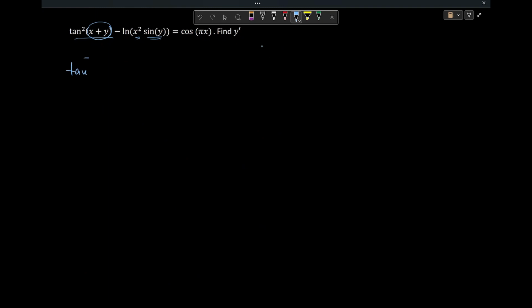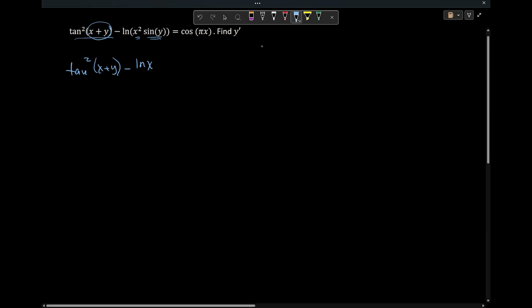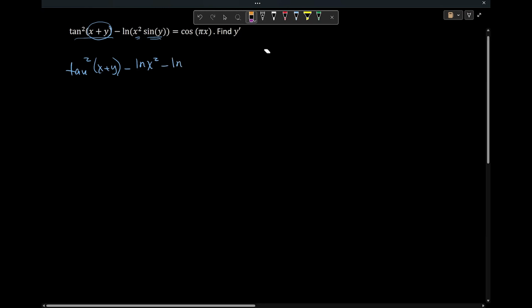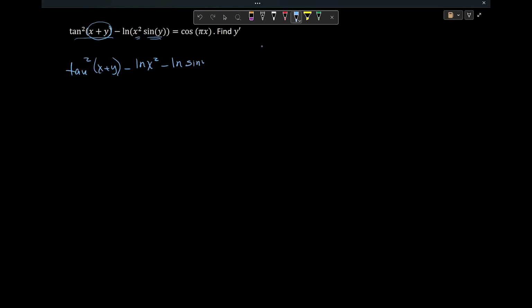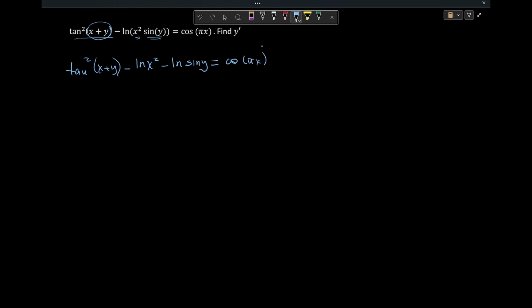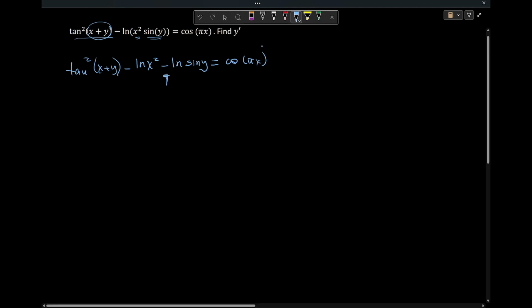So this is tangent squared of x plus y minus, whenever I see the ln of a product, it's good to put the ln of the sum of each individual part. So this is the negative ln of x squared, negative the ln of sine of y, equals cosine pi x.